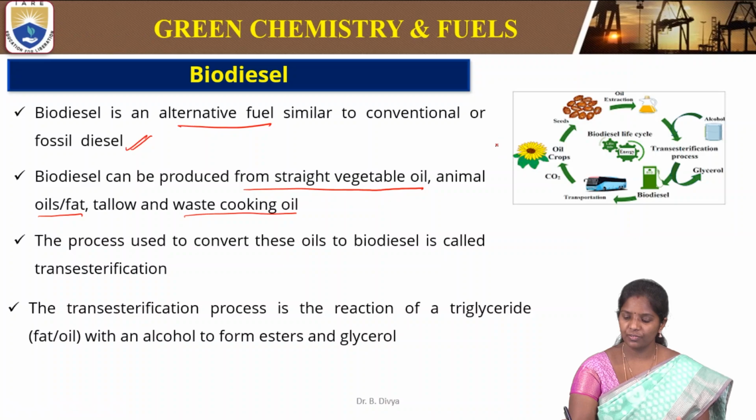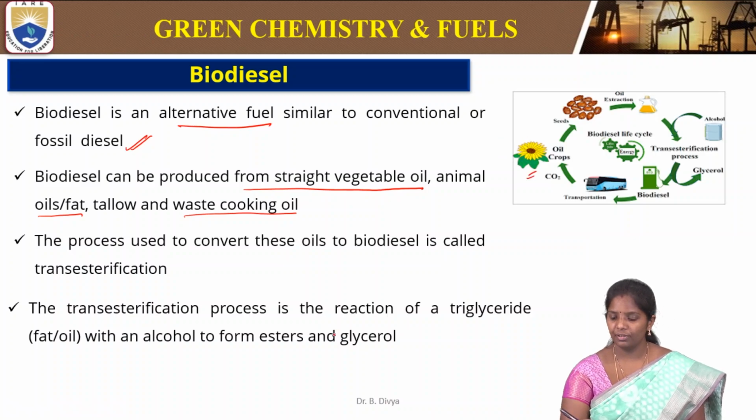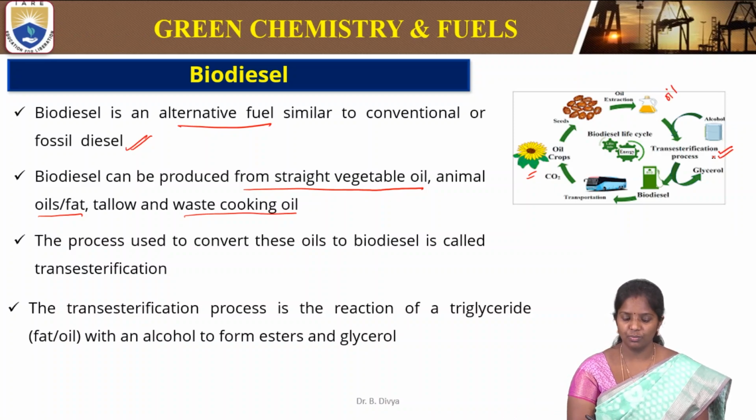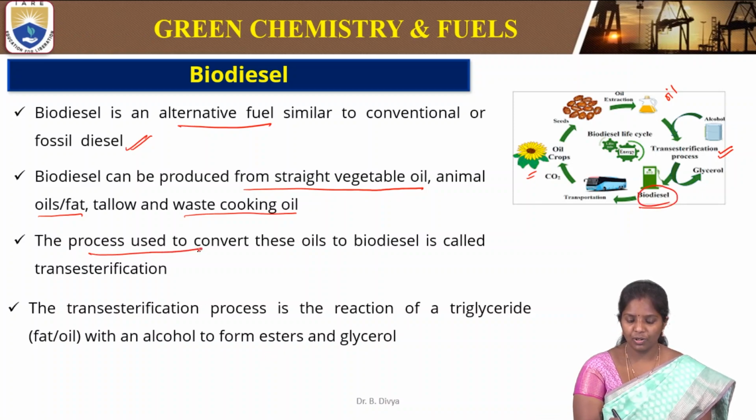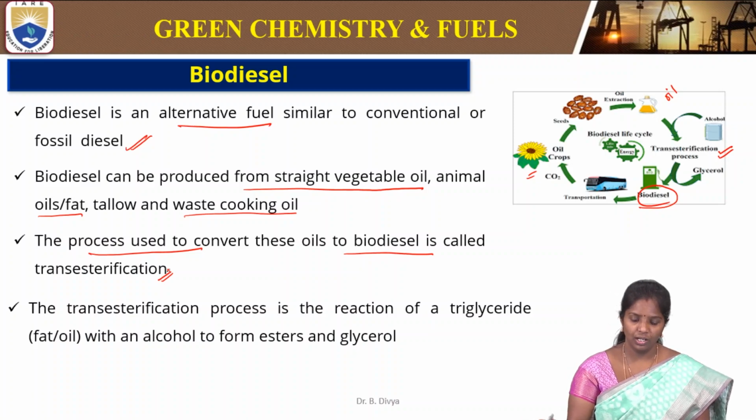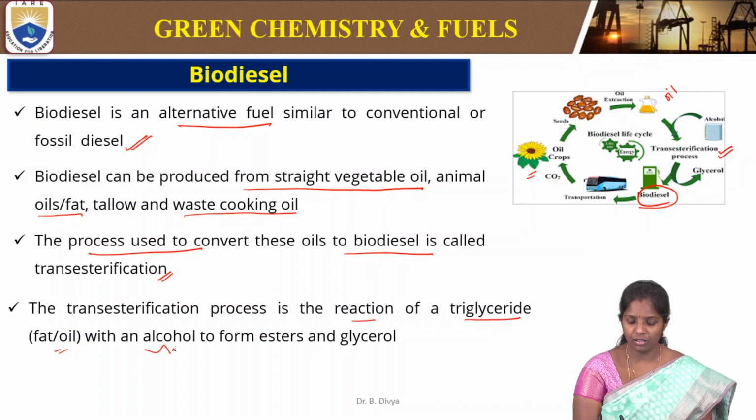From the oil crops, for example, oil from the sunflower will be obtained. The seeds are used for extraction of oil, and then through the transesterification process, biodiesel is produced. The process used to convert these oils into biodiesel is called transesterification. The transesterification process is the reaction of triglycerides, oil or fats, with an alcohol to form esters and glycerol.